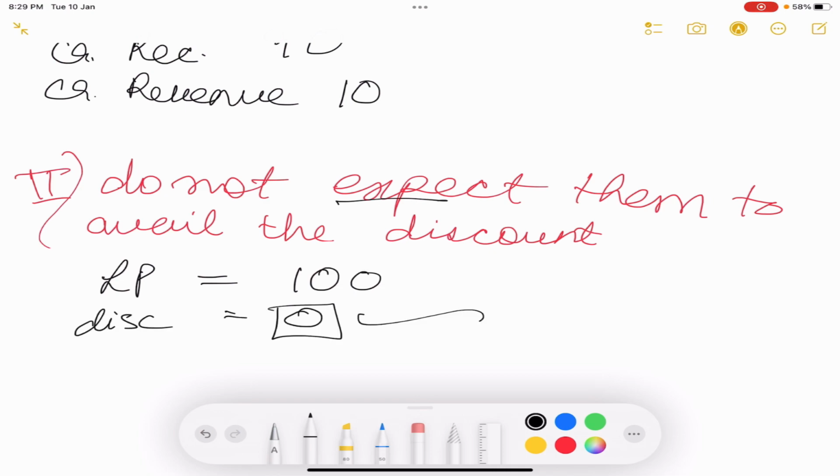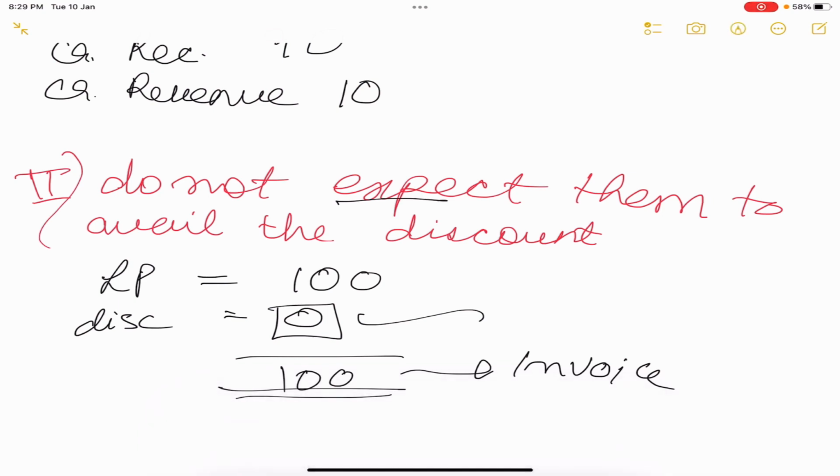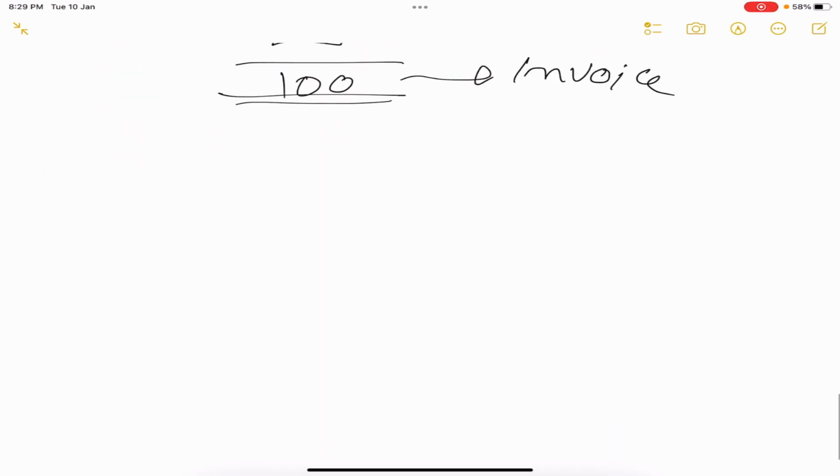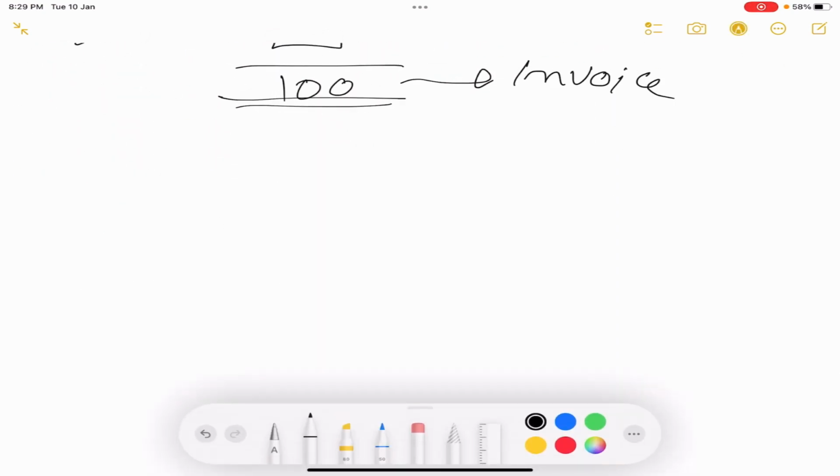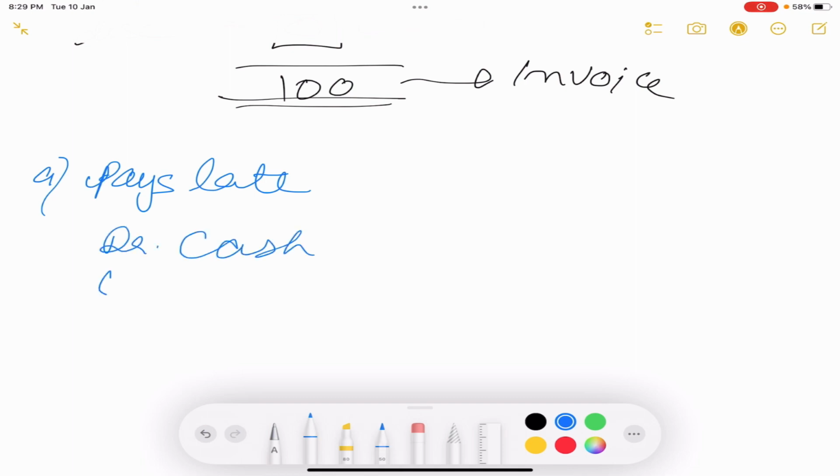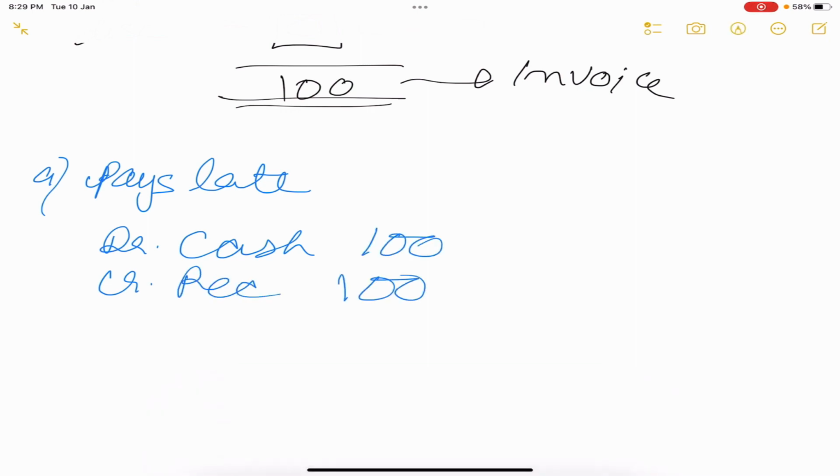Because we think that they will not pay early, so 100 will be my invoice. So I will be due the entire 100 rupees from them. If the person pays late as we thought, then debit cash, credit receivables, as he paid the entire amount.